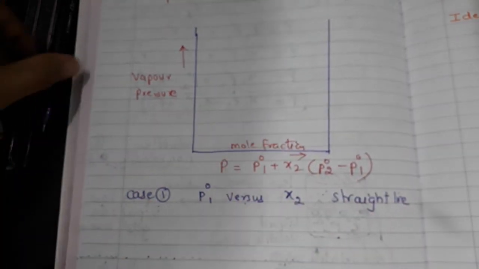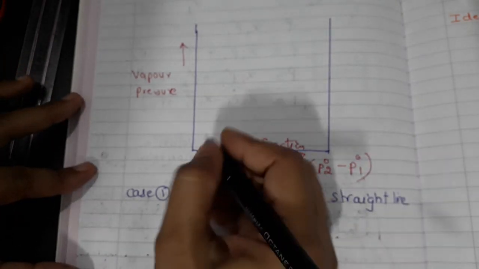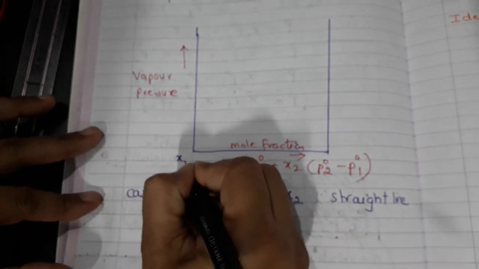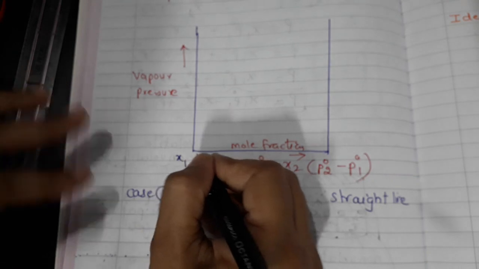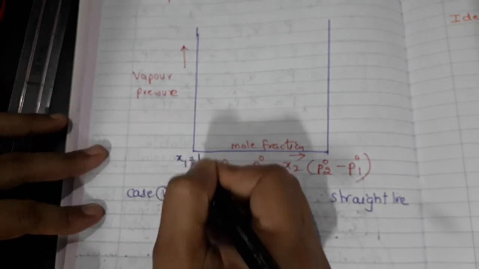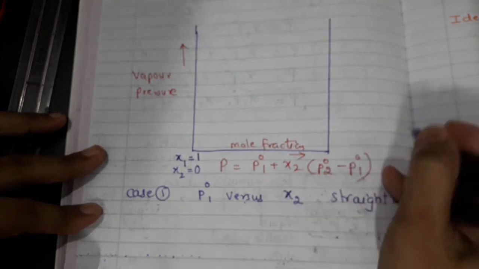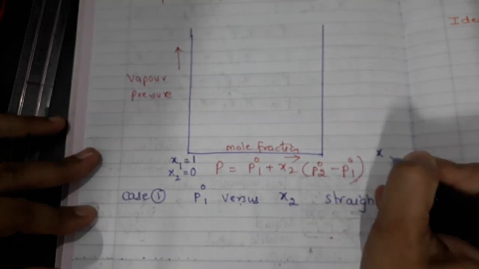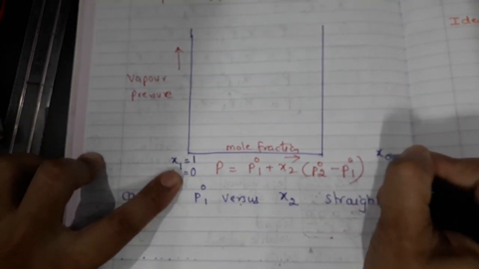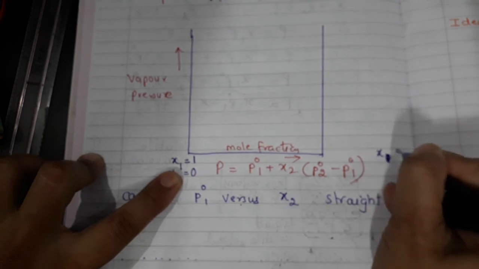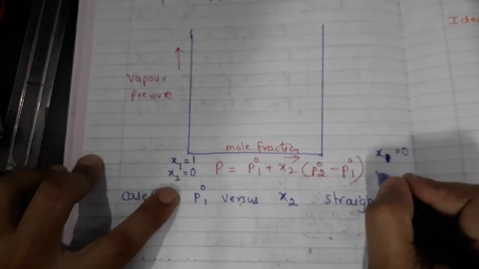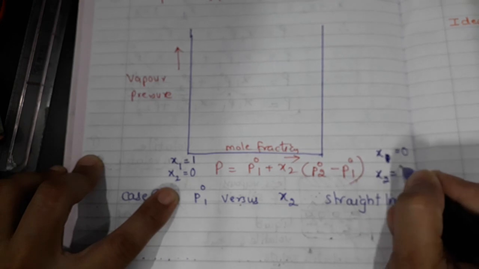When the mole fraction of the first component is 1, at that time the mole fraction of the second component is 0. And here I write mole fraction of component 1 is 0 and mole fraction of component 2 is 1.